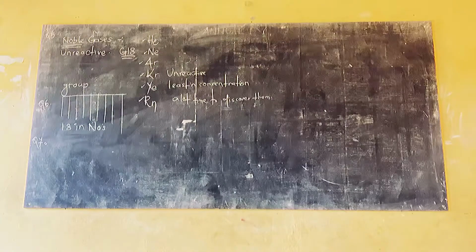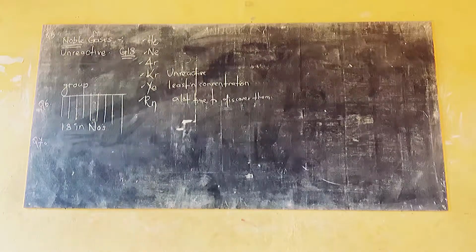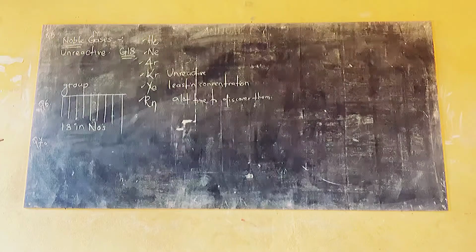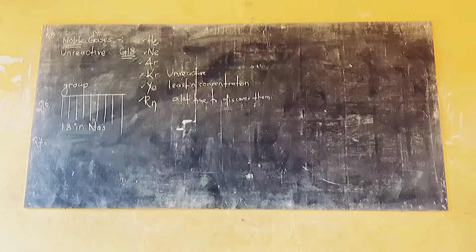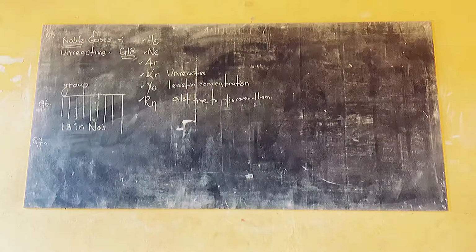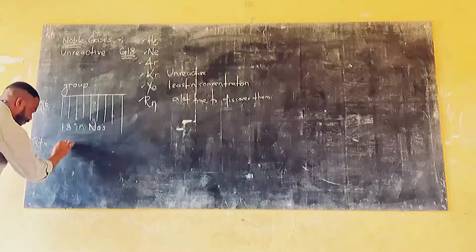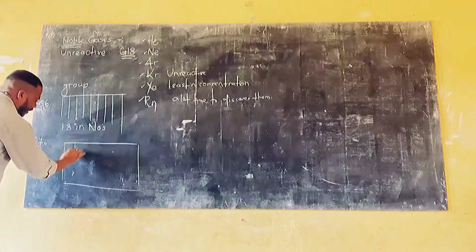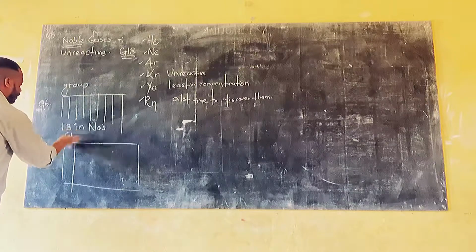Done. Number 7. List any two properties of elements belonging to the first group of the modern periodic table. Suppose this is your modern periodic table and this is group 1.